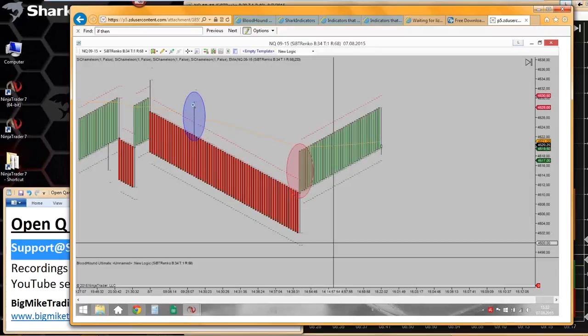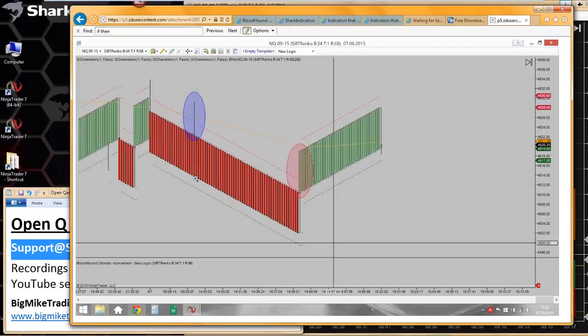All right, so anyway, what I'm going to show you here is essentially how to get in on these pullbacks. The secondary condition is that he wants to get in on the pullback itself, instead of waiting for the bar to close, in which case price is going to be way back down here again.